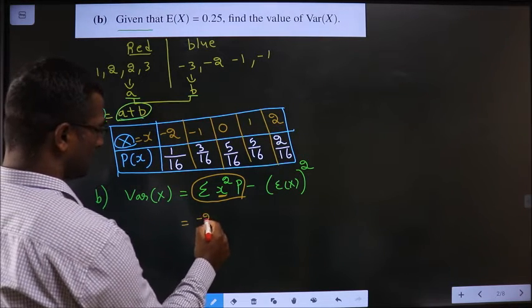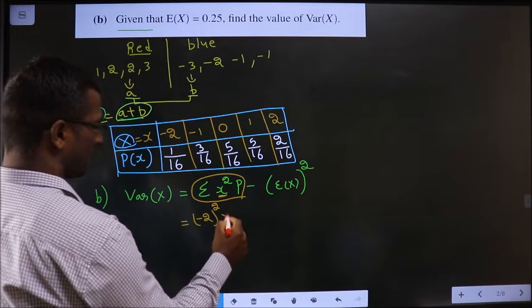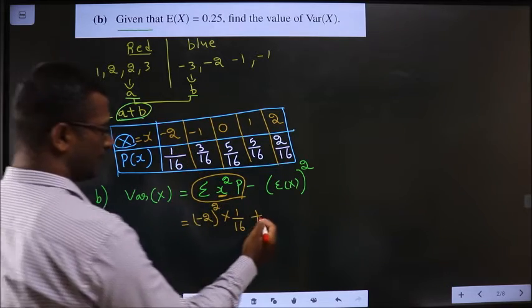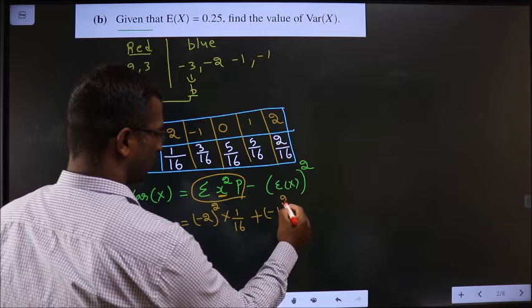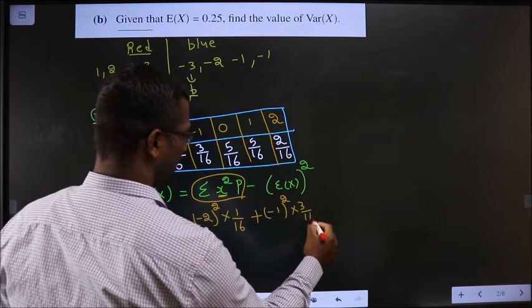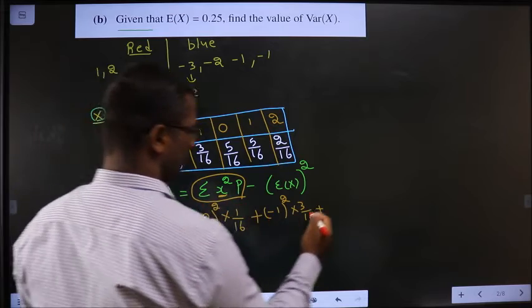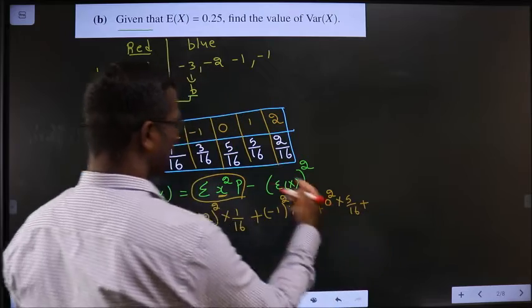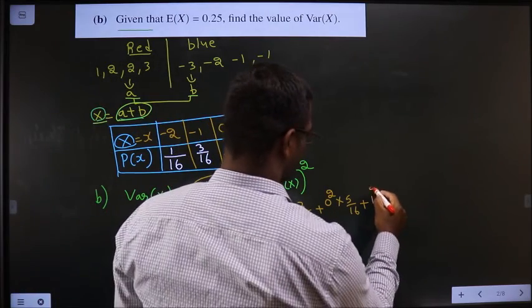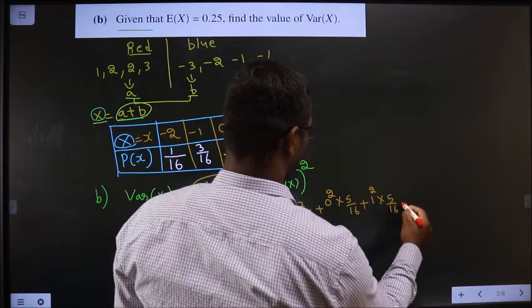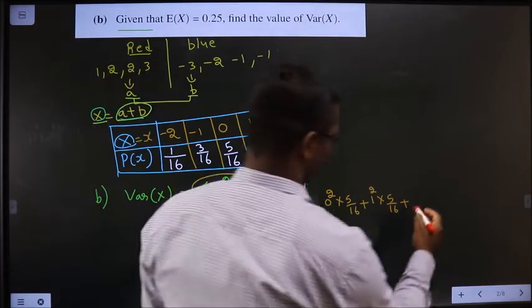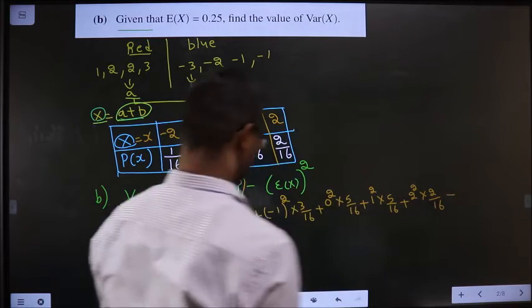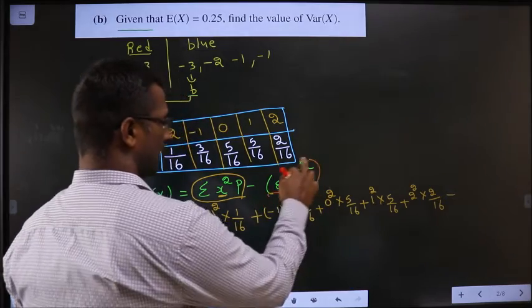So it will be -2 whole square times P is 1 by 16, plus next value of X, -1 whole square times 3 by 16, plus next value of X, 0. So 0 square times 5 by 16, plus next value of X, 1. So 1 square times 5 by 16, plus next value is 2. 2 square times 2 by 16, minus expectation.